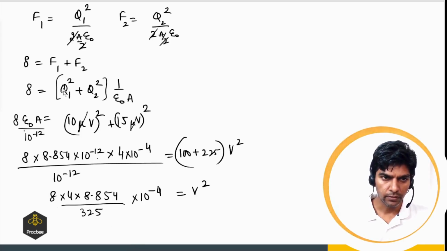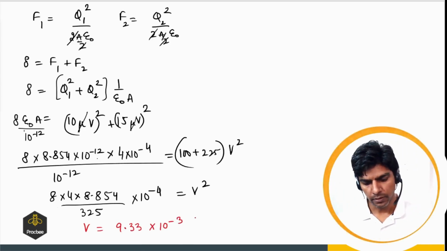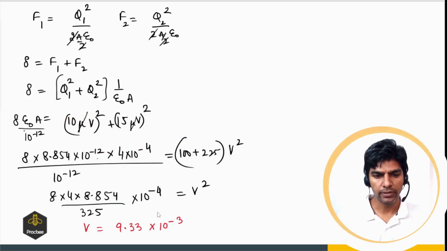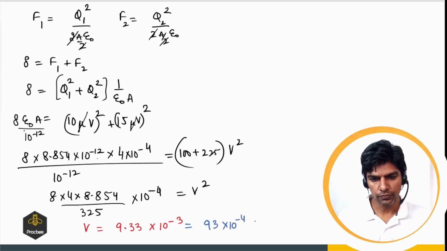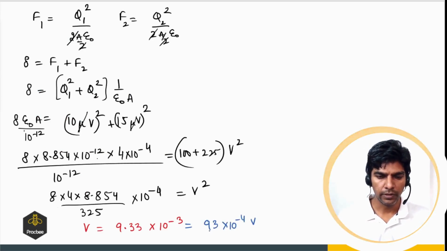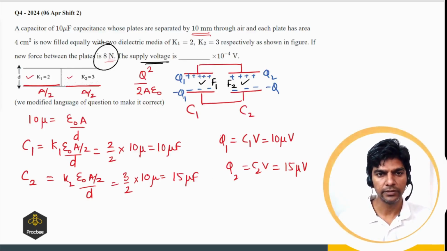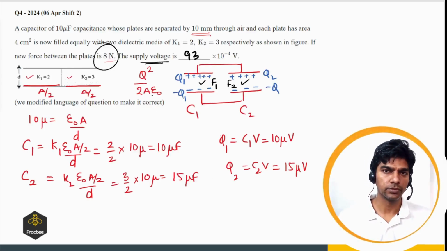So by simplifying, you will get V as 9.33 into 10 raised to power minus 3. And here we have given the supply voltage as dash times 10 raised to power minus 4. So this can be written as 93 into 10 raised to power minus 4 volts. And it's an integer type question, so it should be 93, right? So 93 is the answer of this question.